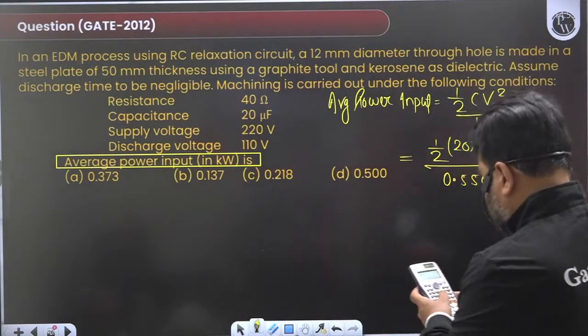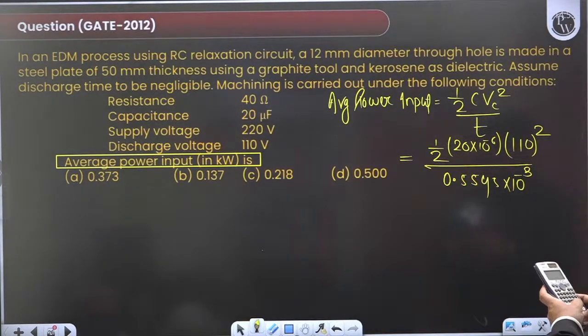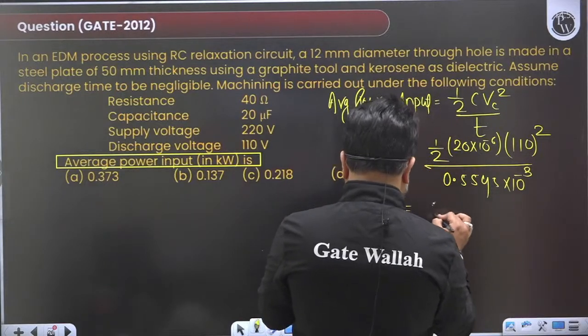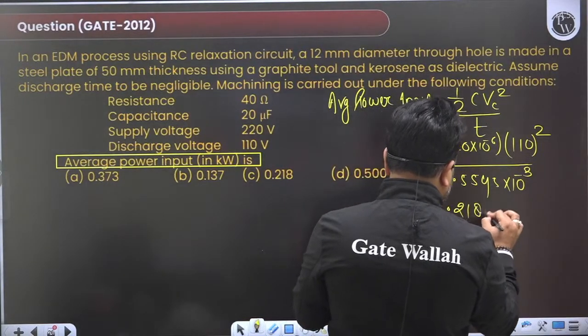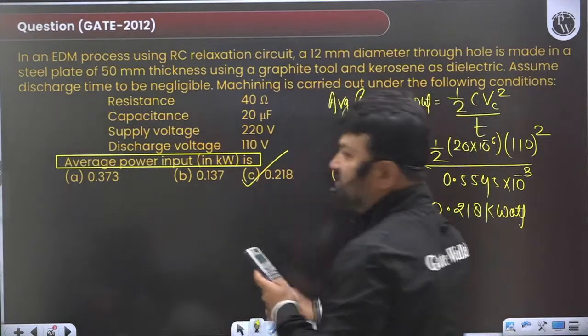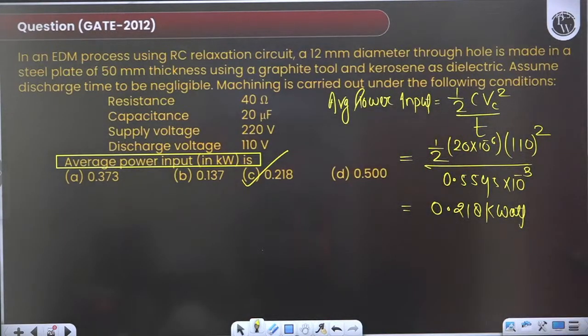So here 0.5 into 20 into 10 to the power minus 6 into 110 square divided by that. So it comes out 0.218 kilowatt. So option C is the right one. Is it clear to everybody?